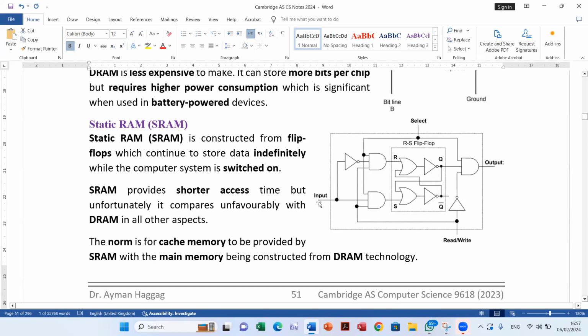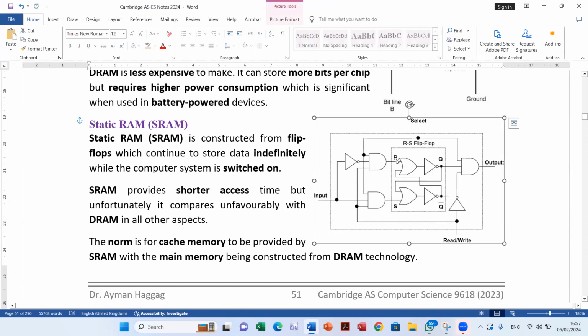Okay, so many things. So this is the static RAM, with all these components just to store one bit, a 0 or a 1.